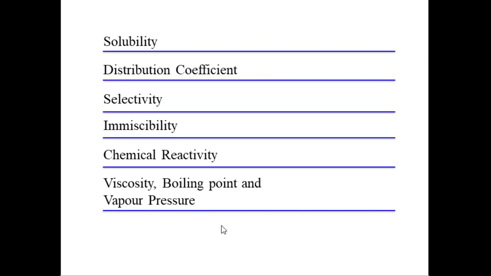Now, what is the relevance of solubility in choosing the solvent system?